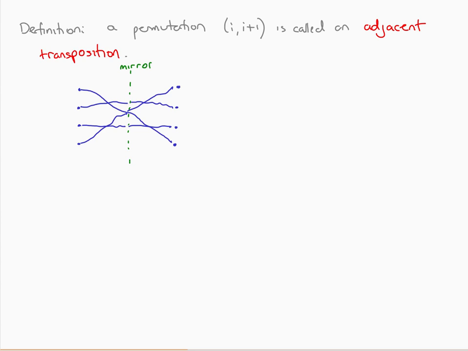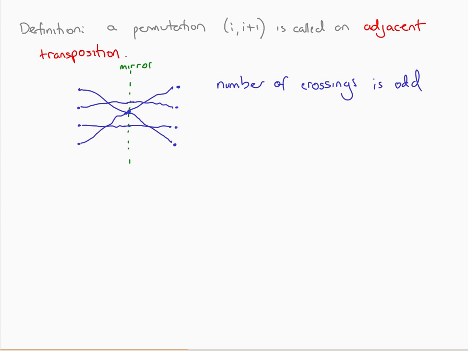Now, why is that useful? Why is this mirror useful? Well, the fact that we can do this with a mirror tells us that the number of crossings, so the number of times these lines cross, is odd, because you've got a crossing in the middle here where the mirror actually is, and then every crossing on the left is reflected to another crossing on the right, so they pair up.